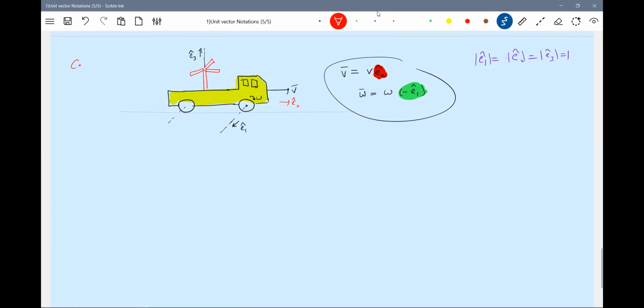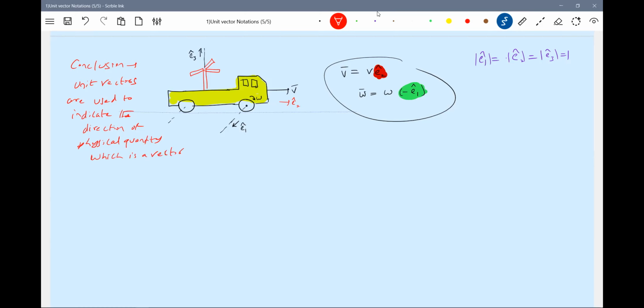So what is the conclusion? We'll write it. Unit vectors are used to indicate the direction of a vector, of a physical quantity which is a vector.